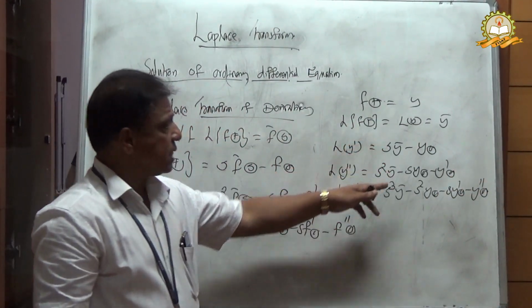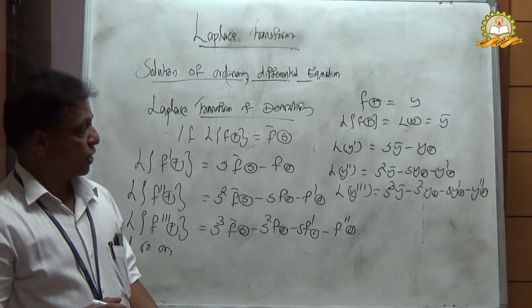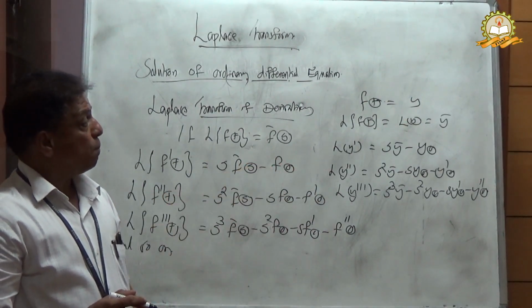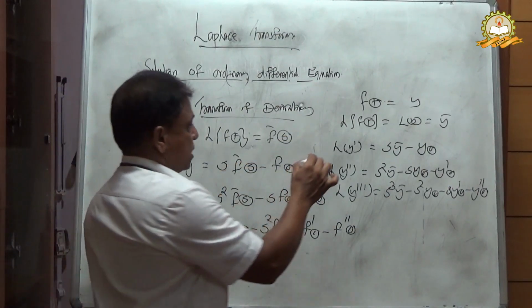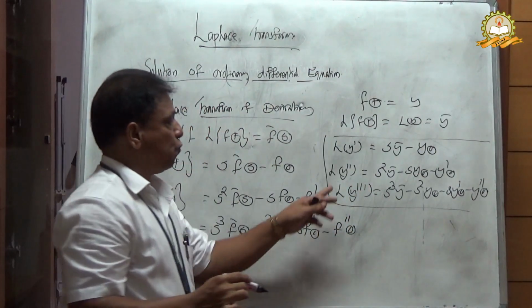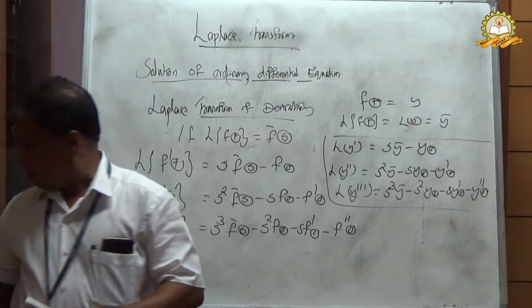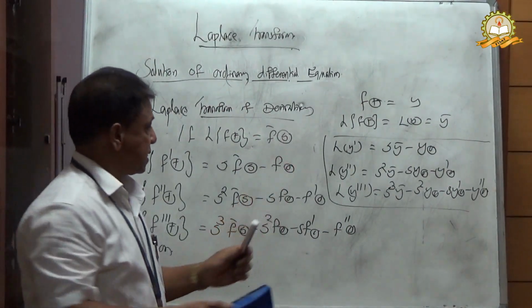By using these results, we can easily solve the ordinary differential equation. You must remember these results: L of y dash, L of y double dash, L of y triple dash, etc. Then we can do some problems based on these results.